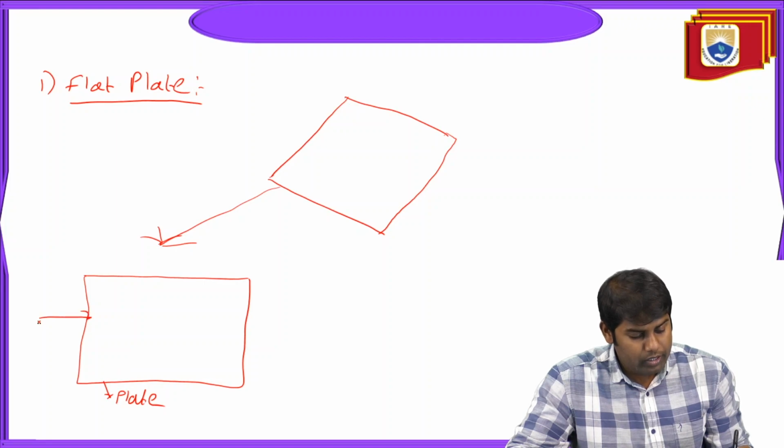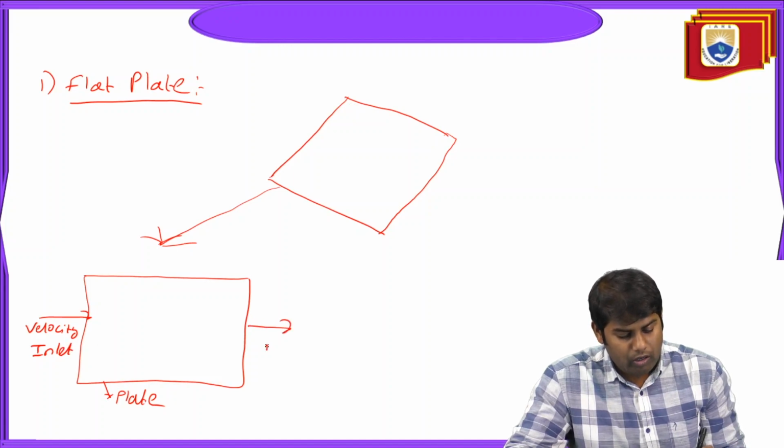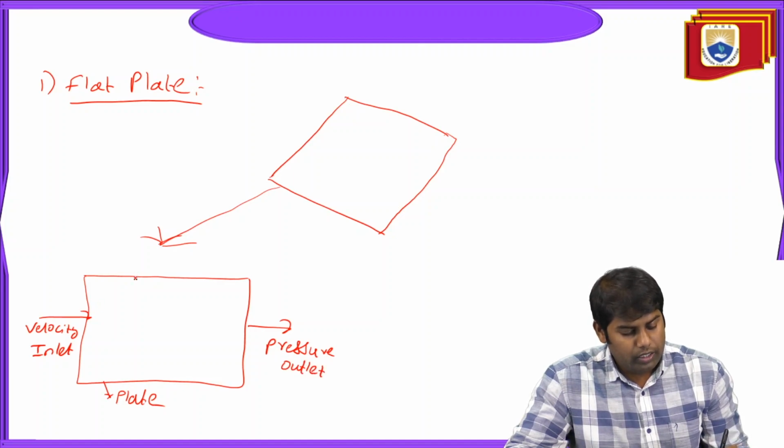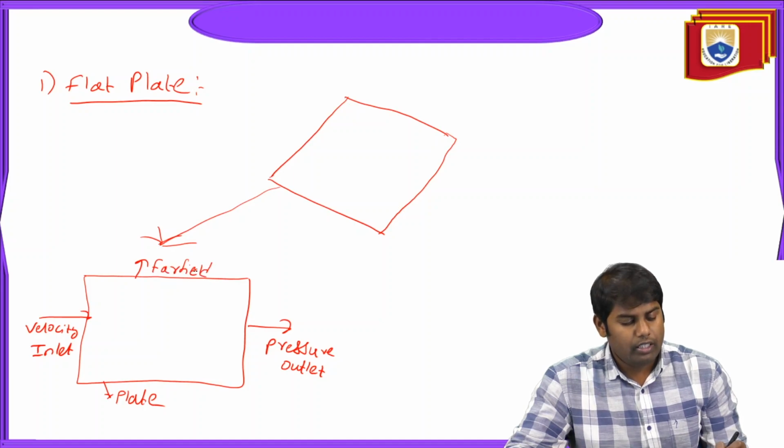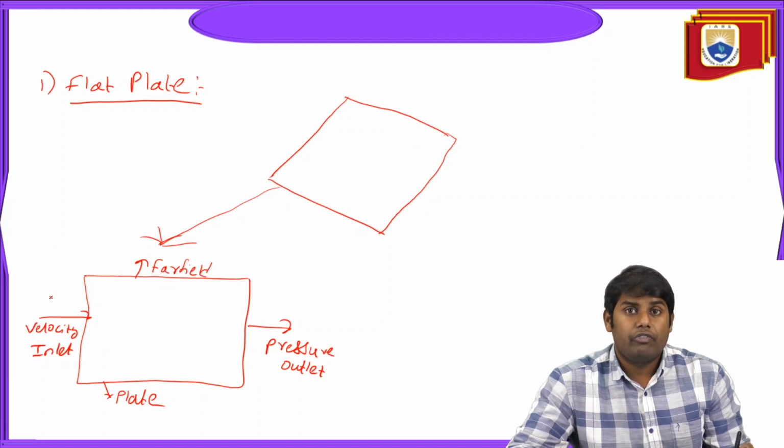We will have a velocity inlet, and here you will have a pressure outlet. Okay, so this will be the far field. These boundary conditions will simulate realistically how the flow passes over the flat plate.